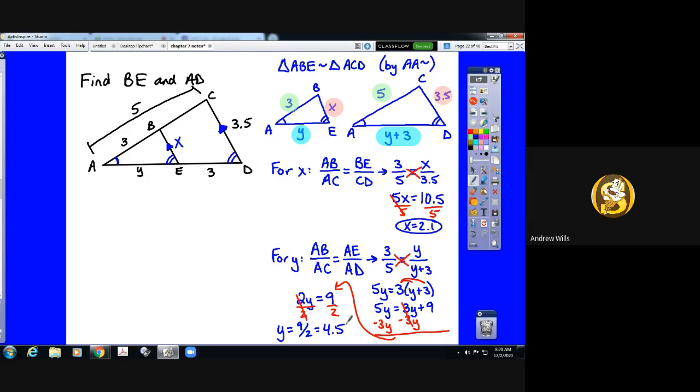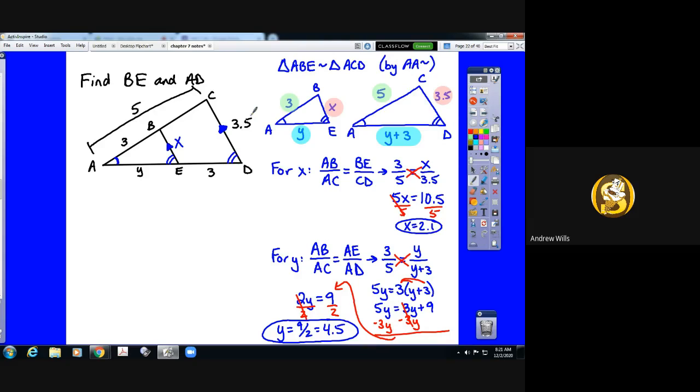Now the only reason I'm writing that as a decimal is because I already have decimals in the problem. So it makes sense to give the answers as decimals when we're talking about the side lengths, because we had a 3.5 in the original problem. So it would be fine for you to give me decimal answers if the problem itself contains decimals.